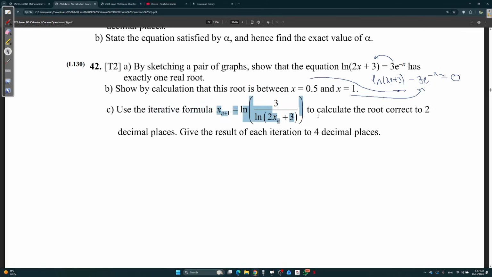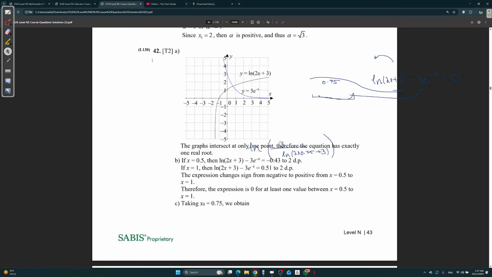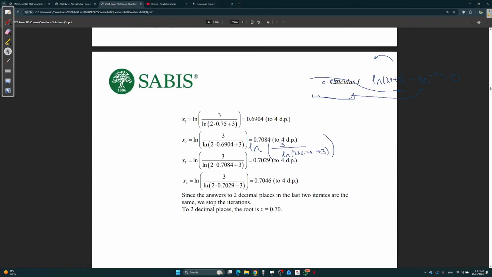Use the iterative formula to calculate to two decimal places. Always start at a point in between these two, so 0.75. Simply you start with ln 3 over ln 2 times 0.75 plus 3, and you keep on repeating it, using each value you get.